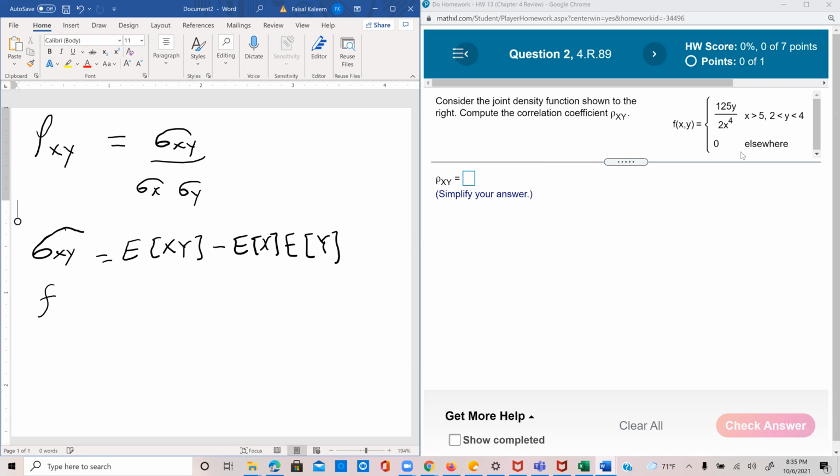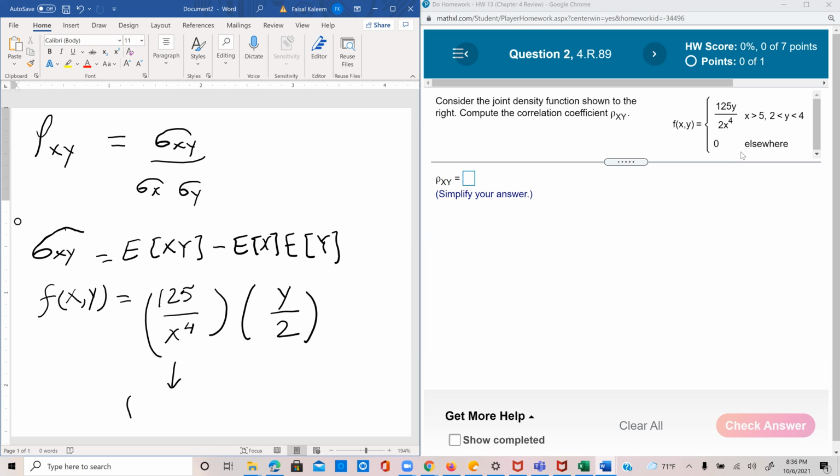Here, the joint density function can be separated out as a function of x, let's say 125 over x to the 4, that's a function of x, and y over 2, that's a function of y.